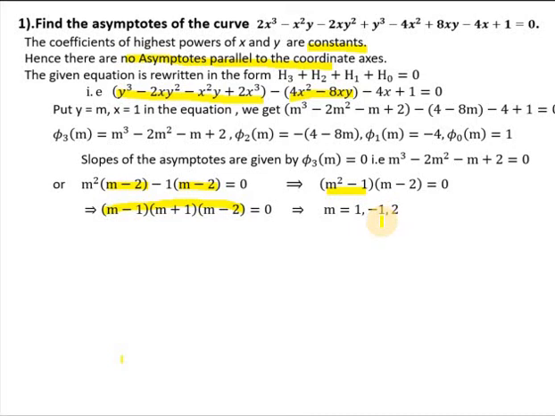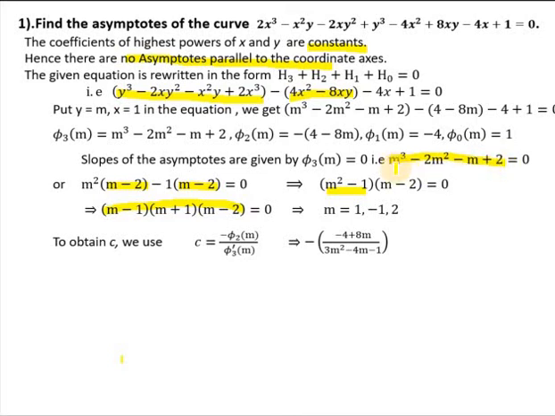So we have to find the asymptote for each root by using c is equal to minus of phi 2 of m, that is minus 4 plus 8m, divided by phi 3 dash m, which means the derivative of phi 3. Phi 3 of m is equal to m cube minus 2m square minus m plus 2.